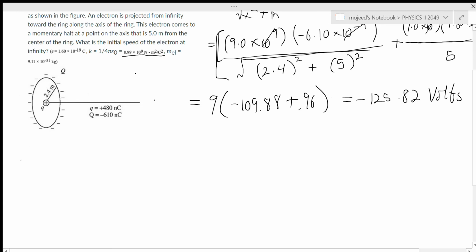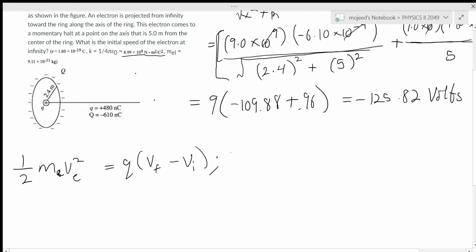We use this equation to take into account the kinetic energy of the electron since it's in motion: the change in kinetic energy equals Q times the electric potential, final minus initial.